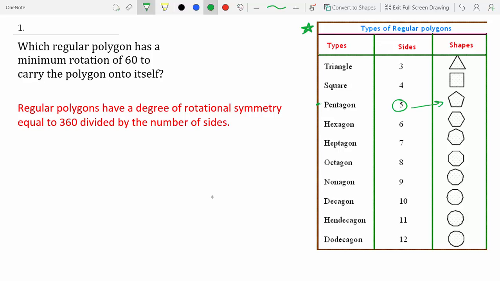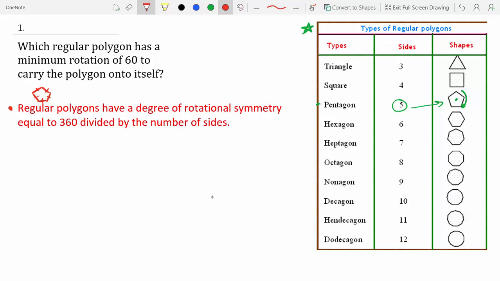So let's talk about how to determine what's the minimum amount of degrees you can spin that shape to have it land on itself. And in red, I've got this theorem or formula, and it says regular polygons are polygons with all equal sides.